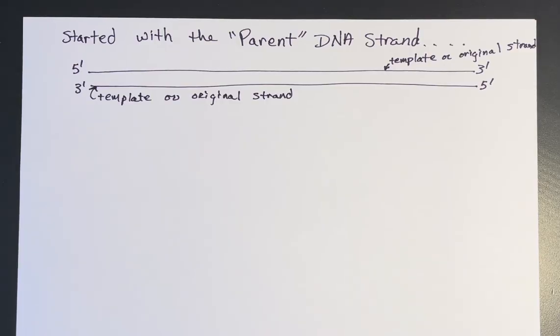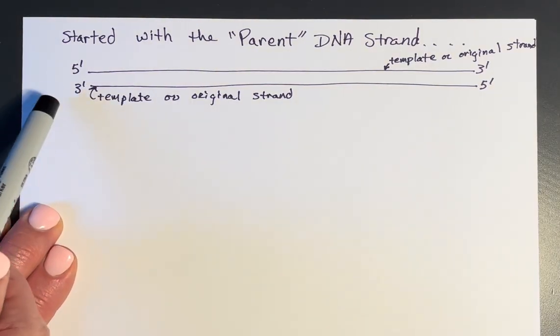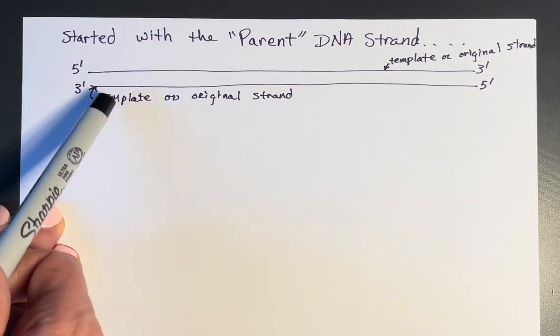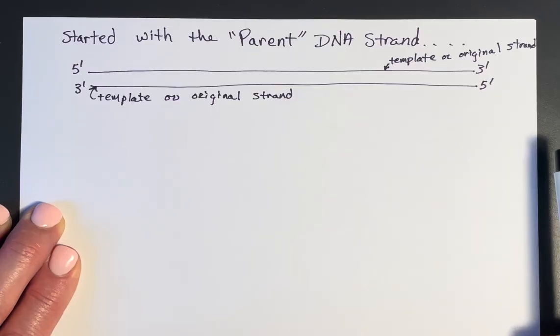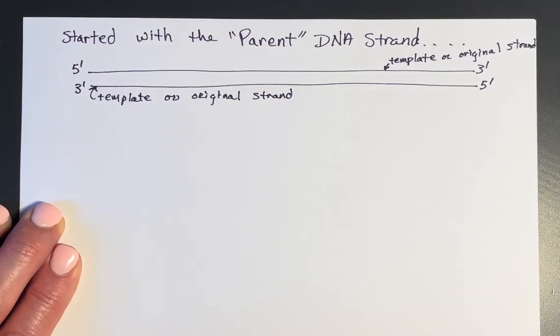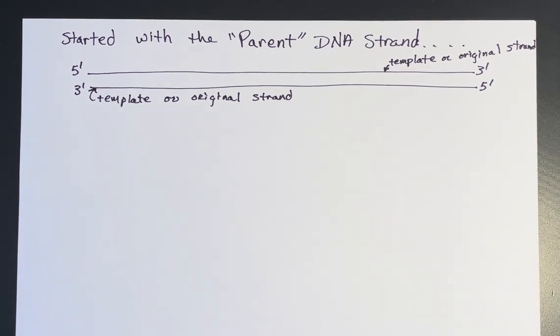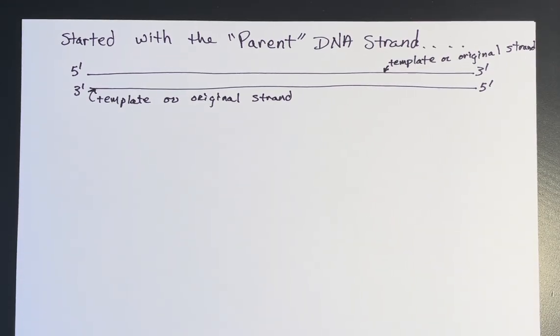So the DNA uncoils, and we have our long, drawn-out, unraveled DNA strand, oriented 5' to 3', and then 3' to 5'. So each side of the DNA strand acts as a template, or it's the original. And then in the end, what we end up with is 2 new strands.